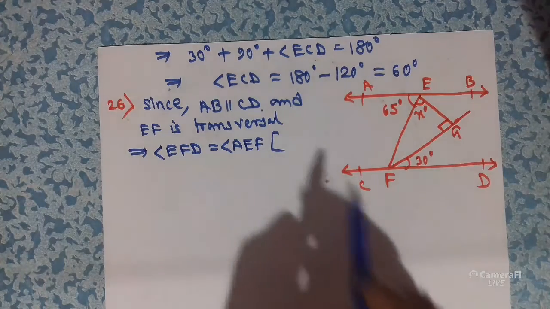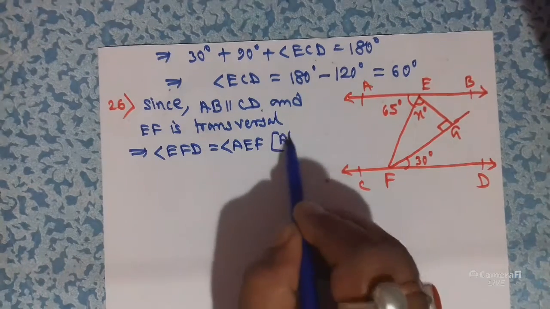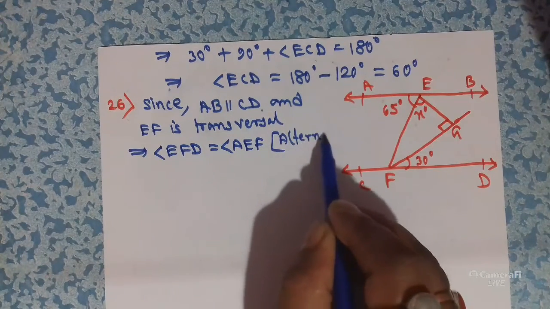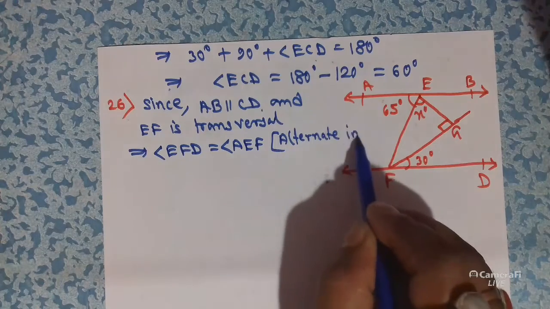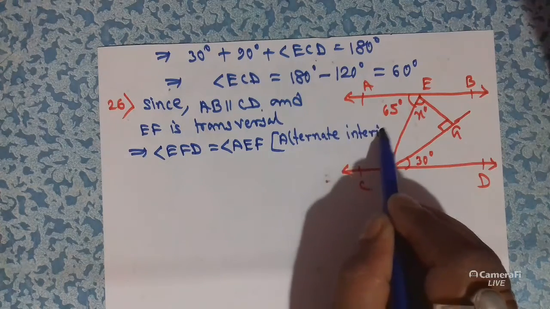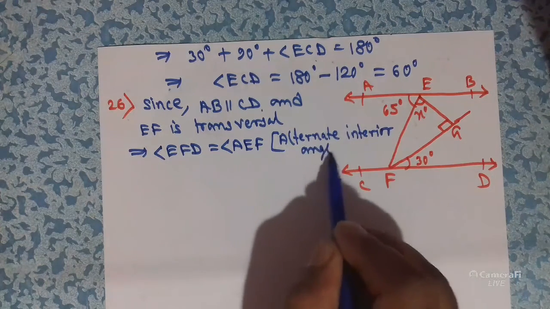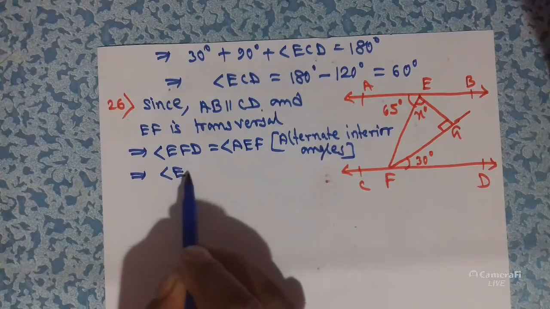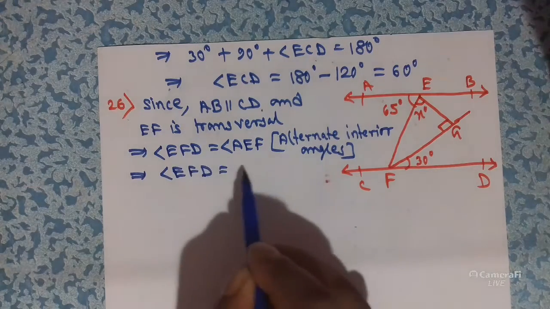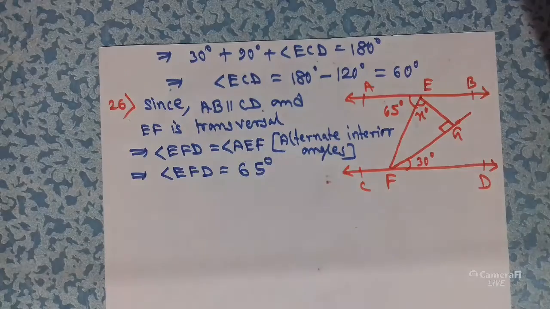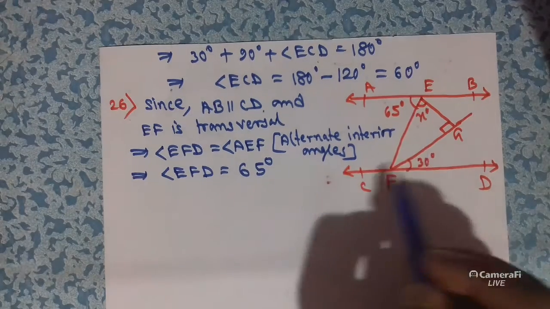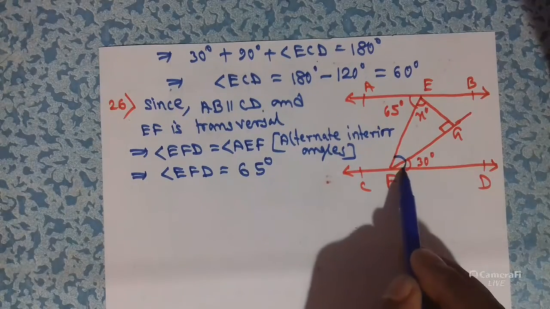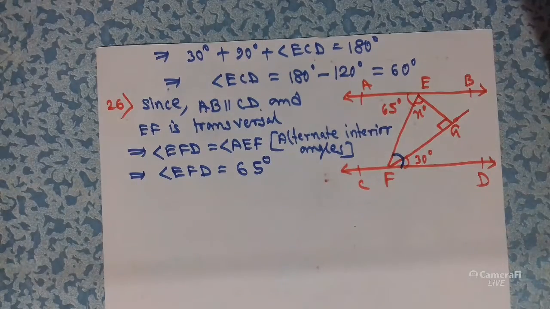Why? Because these two are alternate interior angles. So this implies angle EFD is equals to 65 degree. So EFD, that means this whole part is 65 degree.